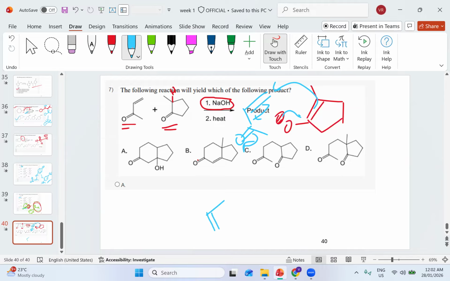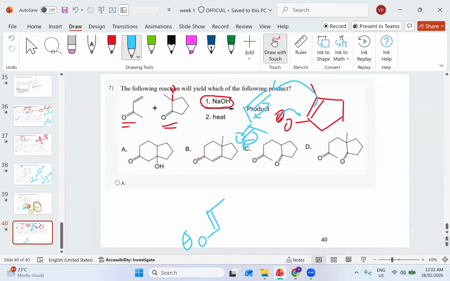So this is now a double bond. This is the O negative now, right? And this bond has attacked. So this is the newly formed bond. This is the keto. Okay, this is what we get in the first step.